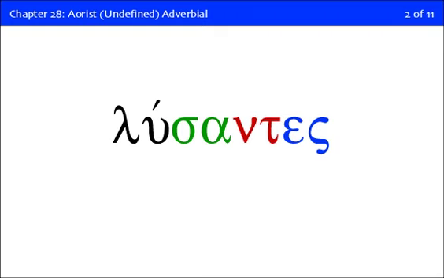Participles don't indicate absolute time, and therefore you have to get rid of the augment. So if you were to parse lusantes, you would say that it's an aorist active participle, nominative plural masculine. Okay? Now this obviously is a first aorist participle. We'll look at second aorist in a second.